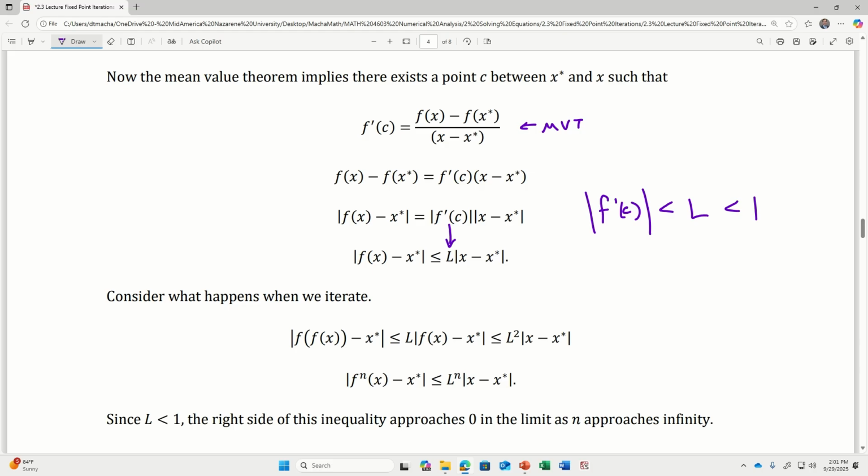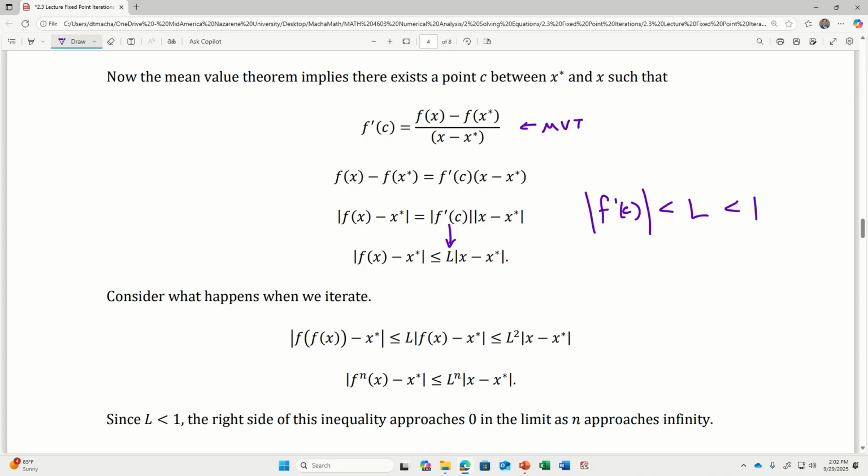Now, what happens when we iterate this? I'm not just going to take the function evaluated at some point and just be happy here. What I'm going to do is take a function and evaluate it at that point, and then evaluate it again, and again, and again, because this is a fixed point iteration. We're doing multiple iterations of this to see where it converges. Having done 2 iterations, well, f of x star is just x star.